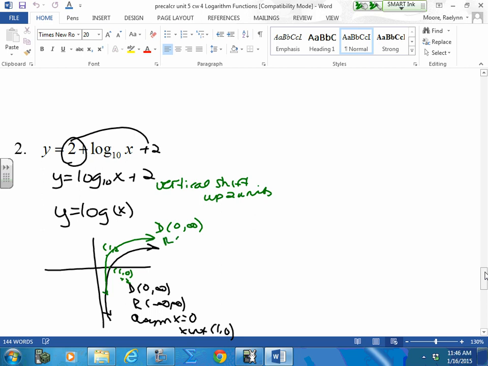No. Any effect on the asymptote? Nope. But we did change the x-intercept. And the x-intercept we'll hit next week. You can find it on your calc right now, but you'll need a log to find it. So we're going to hold off on that. The y-intercept we could find, but this is not going to hit your y-axis.